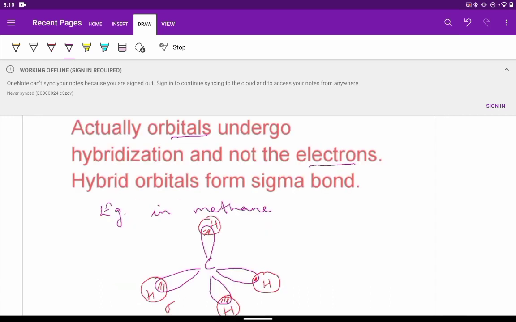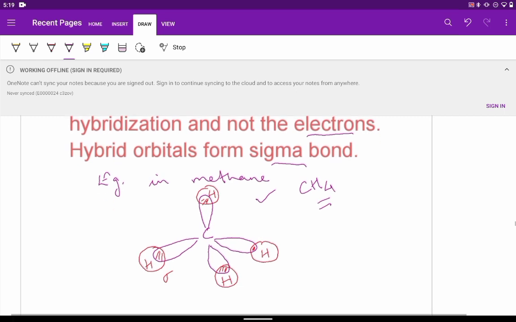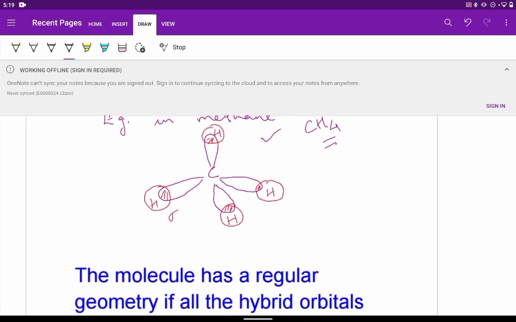After hybridization, we get the hybrid orbitals, and when they form bonds, the bond formed is a sigma bond, as we can see in the case of methane, CH4. In methane, the carbon atom undergoes sp3 hybridization.